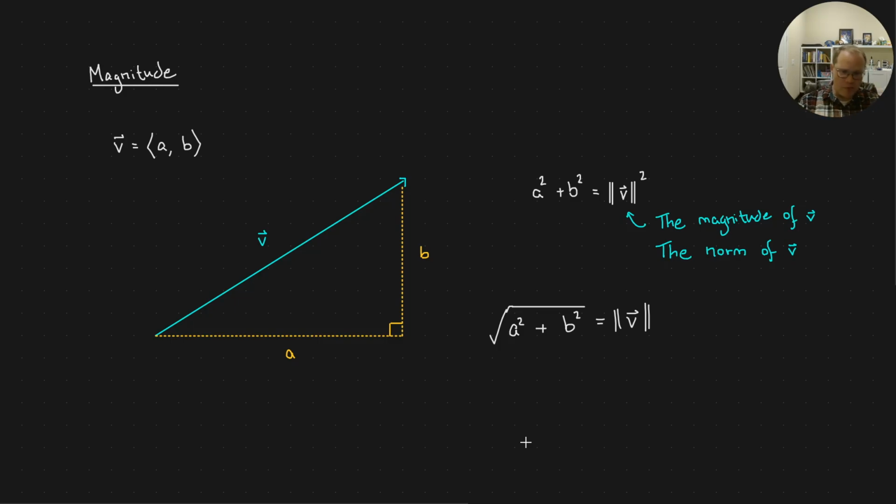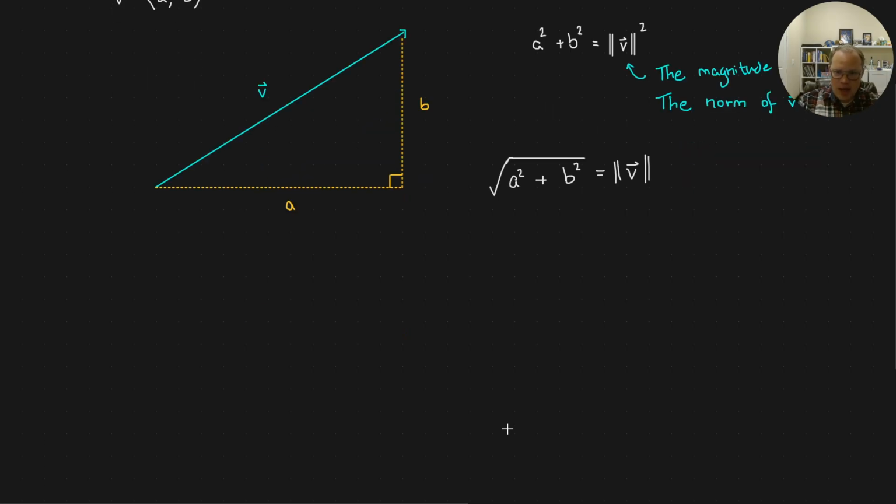Now, before we move on to finding the direction of a vector, there is one useful property of the norm that is worth mentioning. Okay? If you have a scalar multiple of a vector, how does that scalar multiple affect the norm? Okay, so instead of v, what if I have some scalar k times vector v? How would that change the norm?